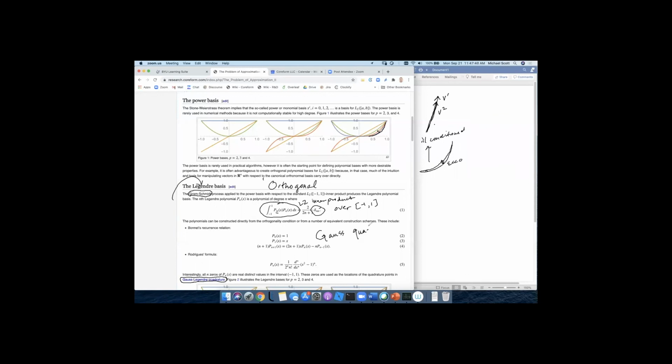just if you need any more convincing about how important these bases are and how much they've permeated everything we do, Gauss quadrature or Gauss-Legendre quadrature is nothing more than projection of integrands into Legendre polynomials.